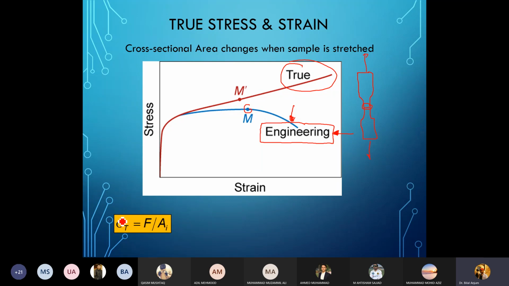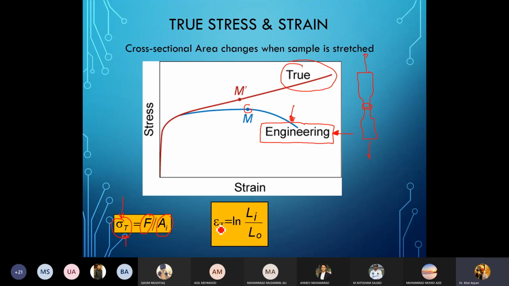So how do you define the true stress? Sigma with a t in the subscript would define the true stress. And what is the true stress? True stress is force divided by the instantaneous cross-sectional area, the cross-sectional area at that given moment.